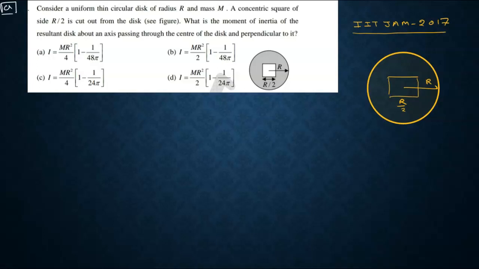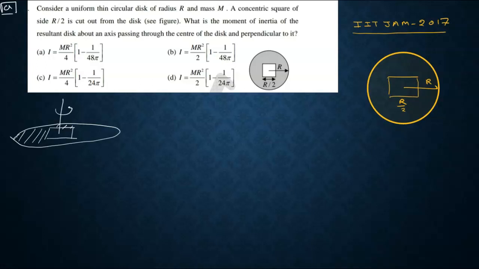What is the moment of inertia of the resultant disk about an axis passing through the center of the disk and perpendicular to it? So we are asked here to find the moment of inertia of the disk with the perpendicular axis, where we have cut out a square lamina from the disk.